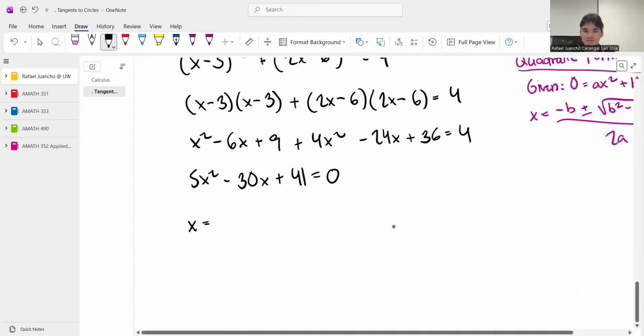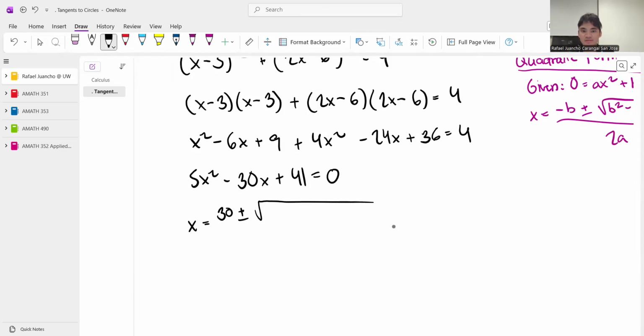Okay. Now, copying that, we would get 30 minus negative 30 plus minus square root 30 squared, 900. Okay, just some calculator stuff. Minus 4 times 5 times 41 all over 2 times 5.